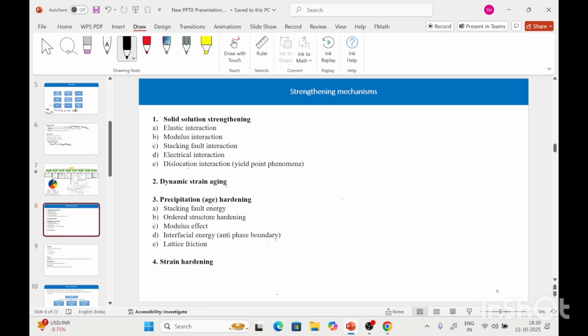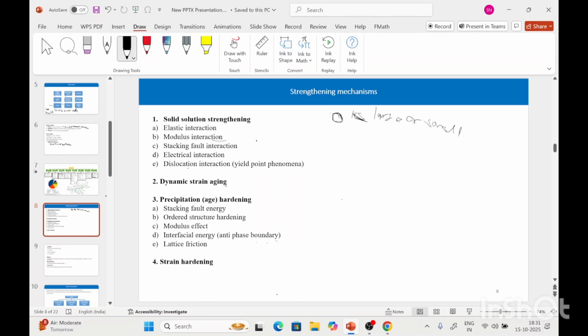Elastic interaction means that if an alloying element's size is large or small, the strain field created near it will impose some type of strain, tensile or compression, around its neighbor aluminum atoms. That results in elastic interaction between aluminum and the major alloying elements, and that increases the strength of the aluminum alloy.